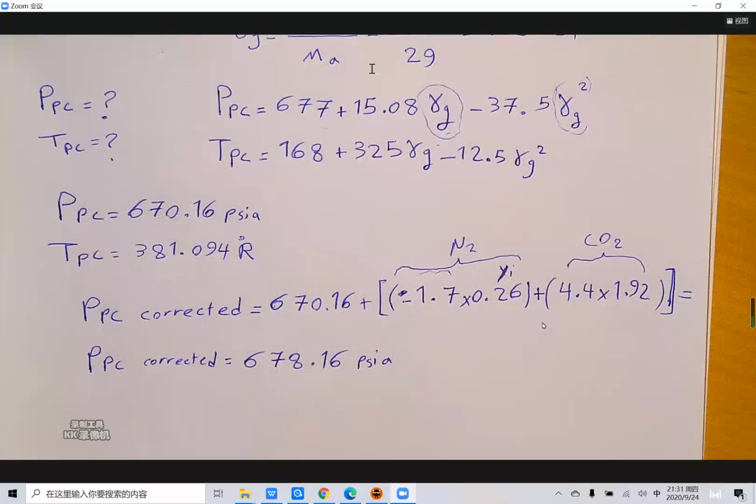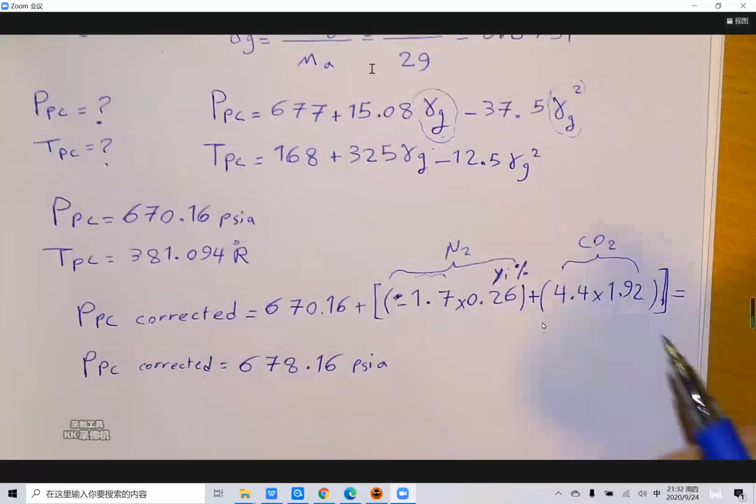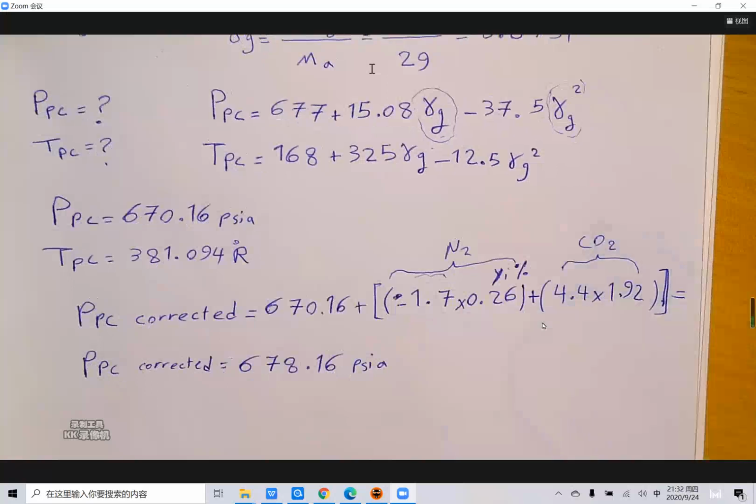What I mean is those values, 0.26 and 1.92, were given as percentages, not fractions. I thought the formula would be the corrections multiplied by the fractions and not the straight percentages.